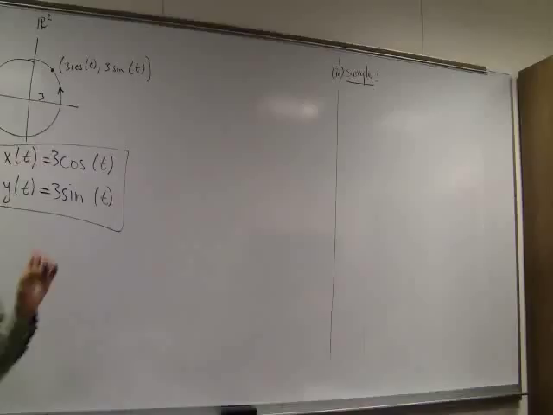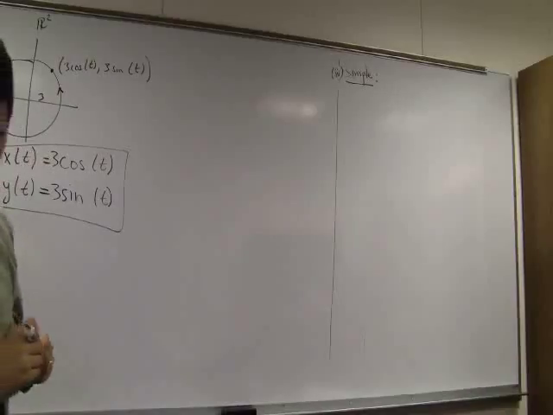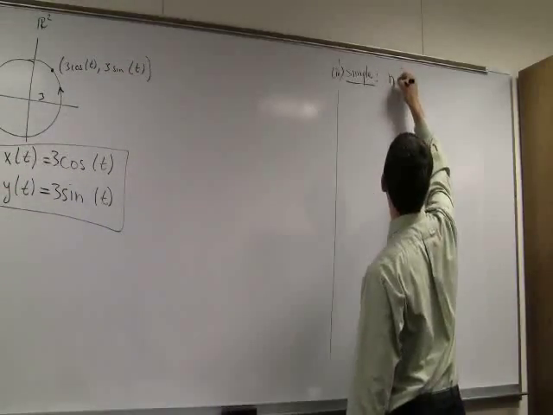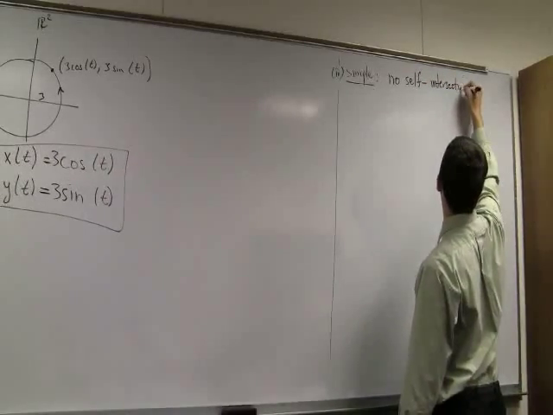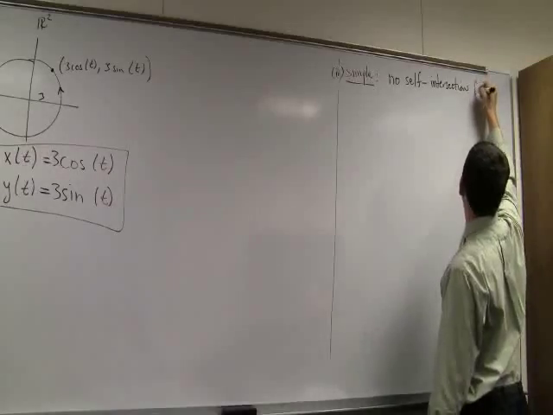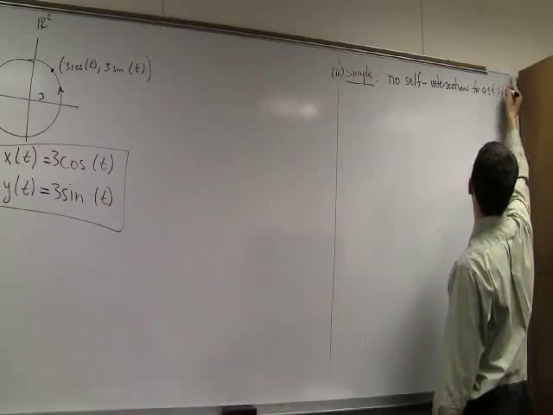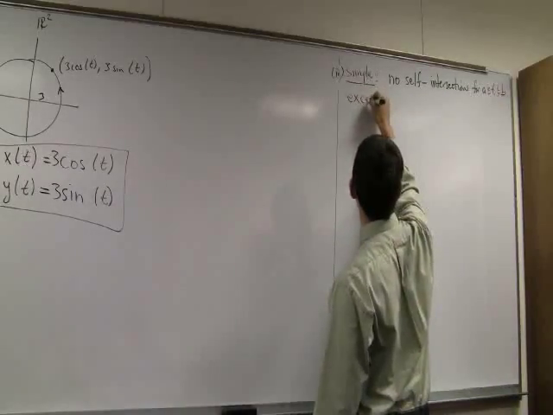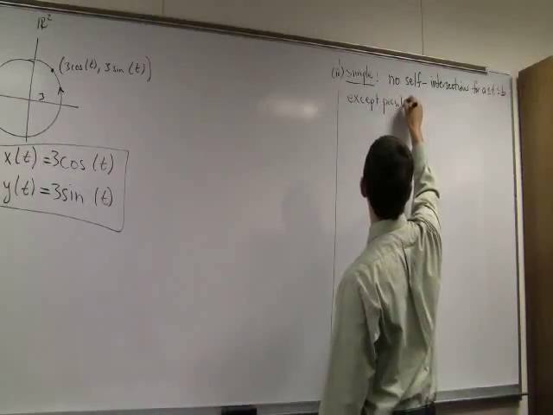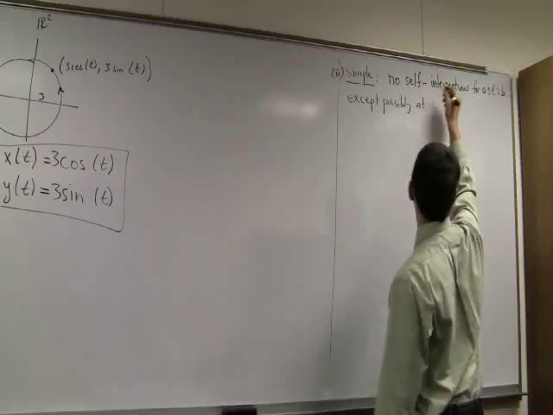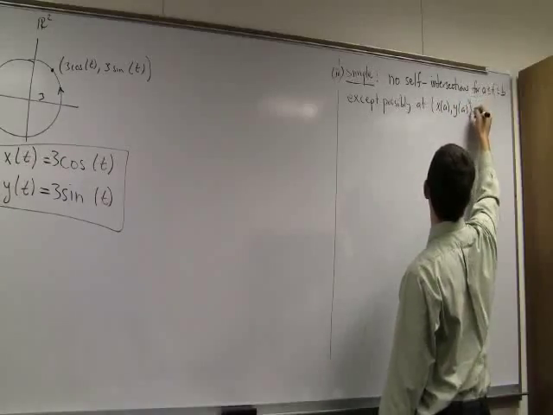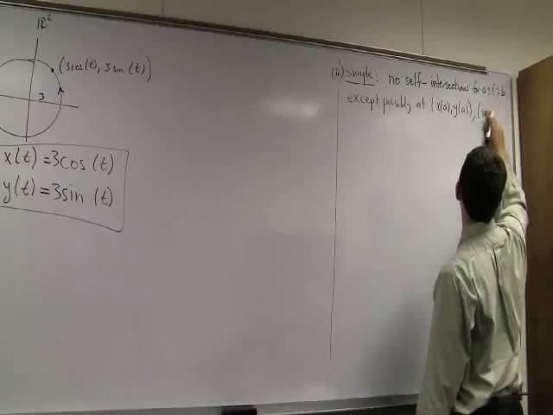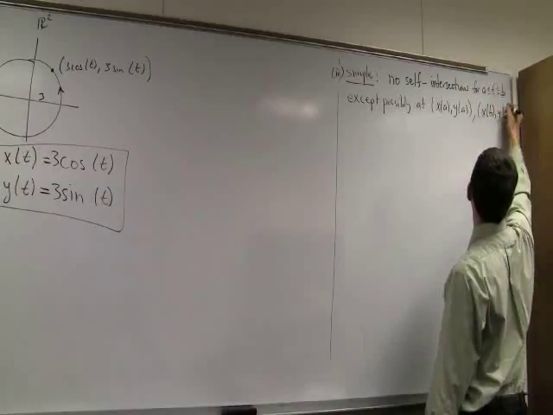So simple is going to mean that you're not going to have any repeated points. So let's see, I'll just write it. No self-intersections. t between a and b, except possibly at x of a, y of a, and x of b, y of b.